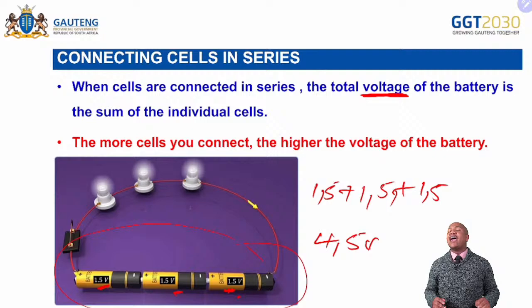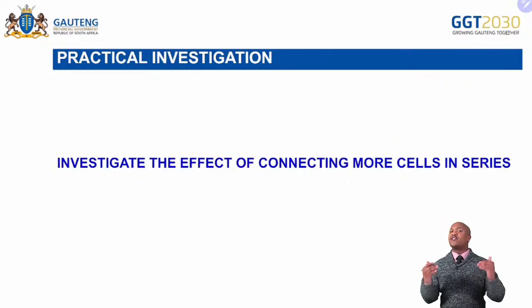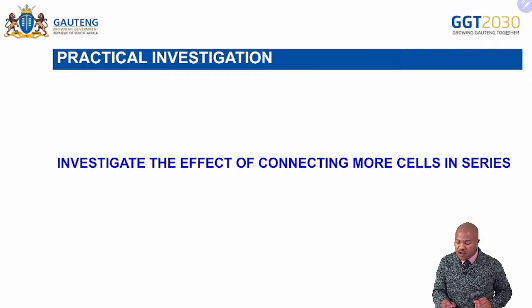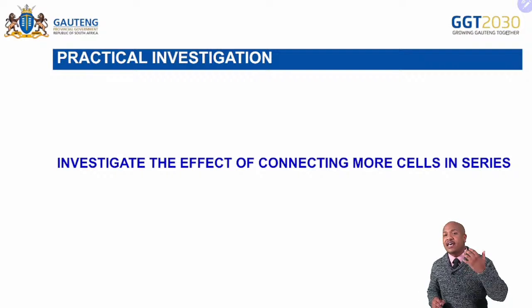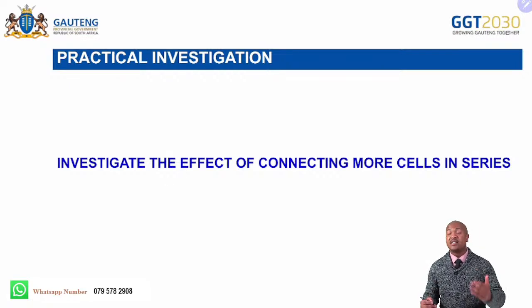Are we together? And trust me, we're going to investigate that further. As the following slide says, we're going to investigate the effect of connecting more cells in series. We're going to go through an investigation together.